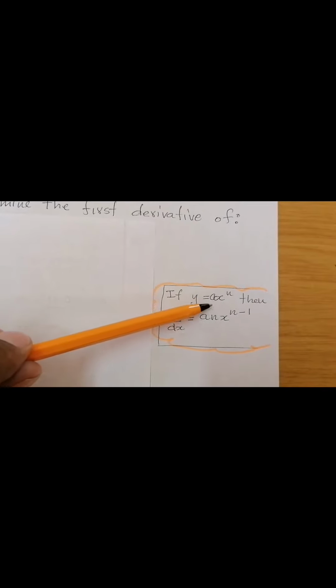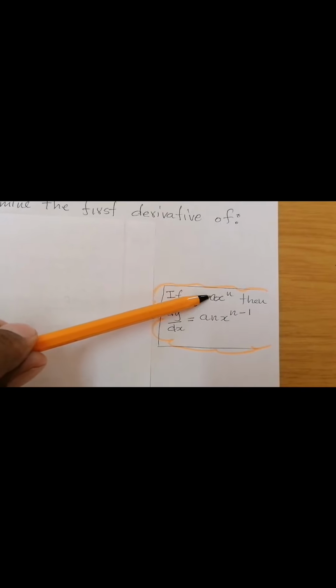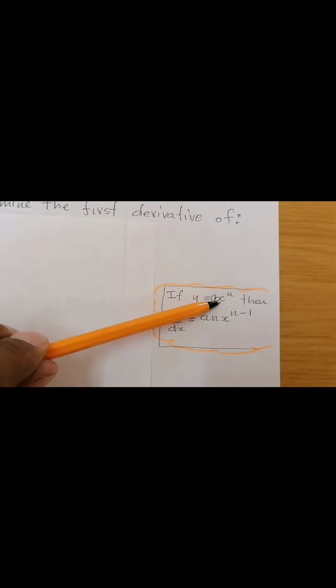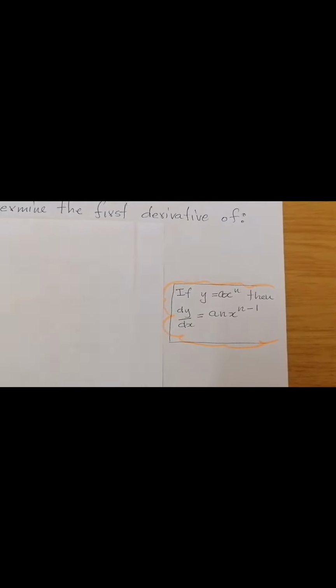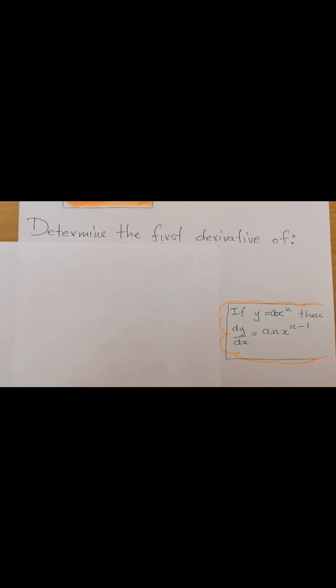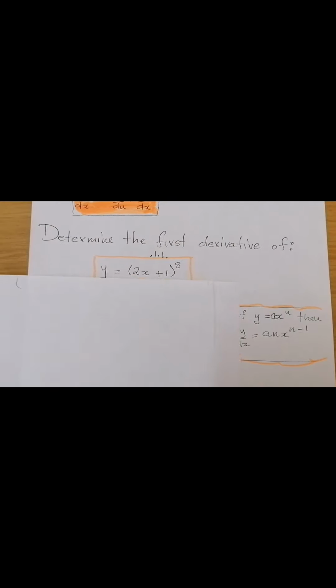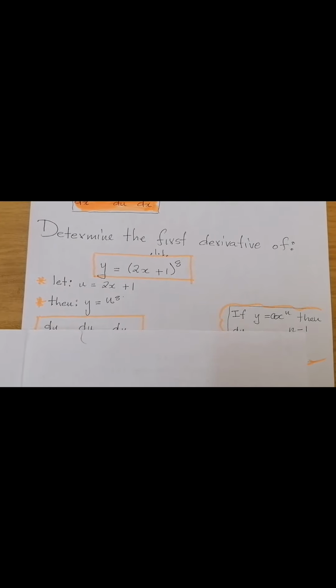We multiply the exponent by the numerical coefficient of the variable x. Then from the exponent we subtract 1. That is differentiation, folks.